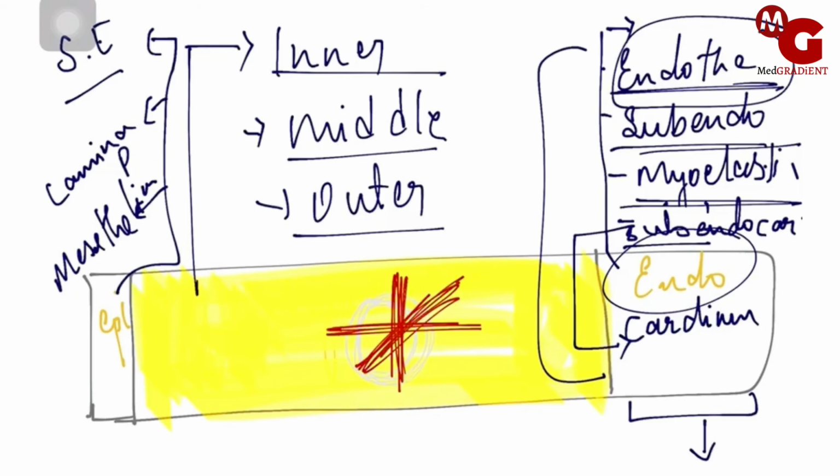So innermost is this, middle is this, and outer is this. This is how the myocardium is differentiated.